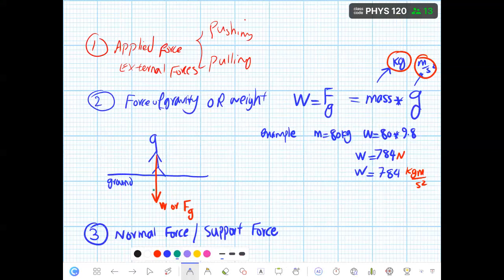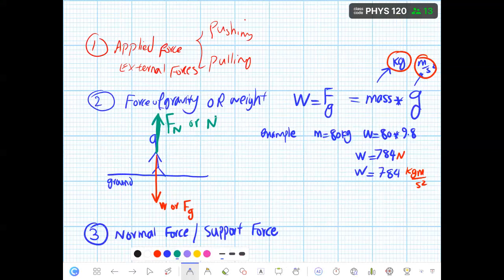And I can show it here. I just use Fn, or sometimes we show it with N. You see different formats. Fn means normal force, or just N. We call it normal force or support force. And this force, again, is important.